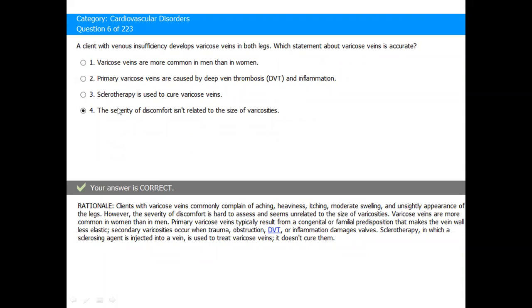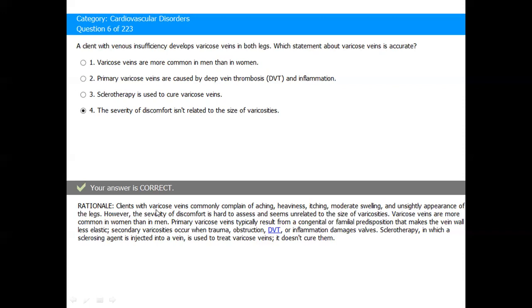So why not sclerotherapy is used, or primary varicose vein due to deep vein thrombosis, or varicosity is more common in men? So options 1 to 3 are not accurate. Why? Let me read the rationale.